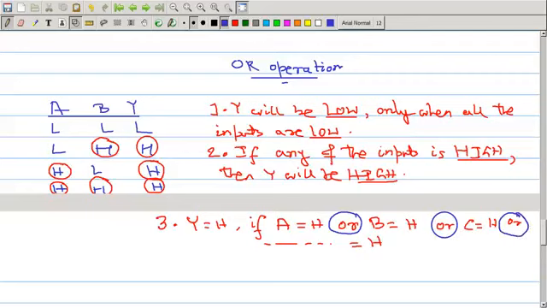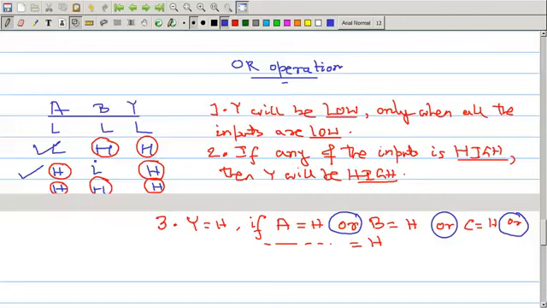Why do I call it OR gate? Because if A is high, or if B is high, or if C is high, then only the output will be high.